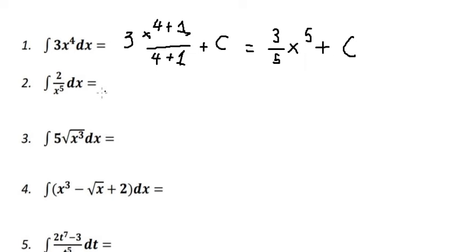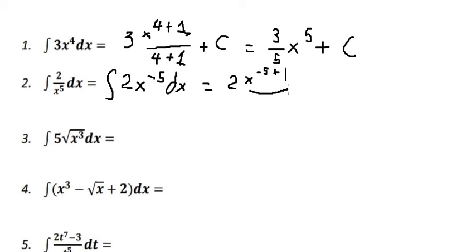Question number 2. In this situation, we can write it as 2x to the power of negative 5 dx, and we get 2x to the power of negative 5 plus 1 over negative 5 plus 1, and we put c in here.